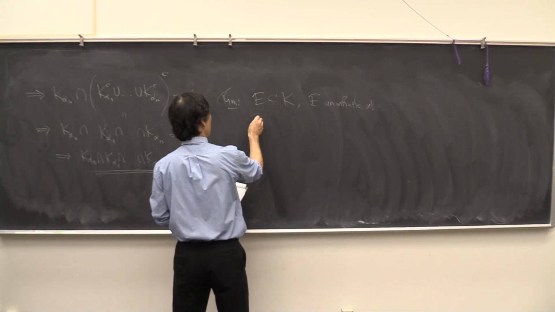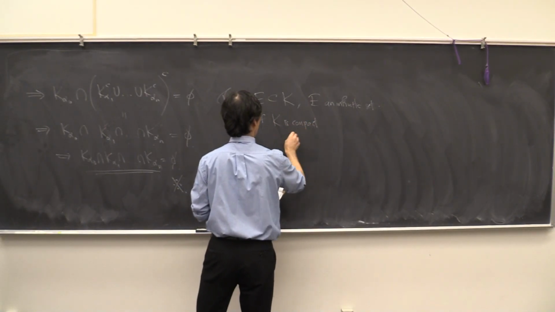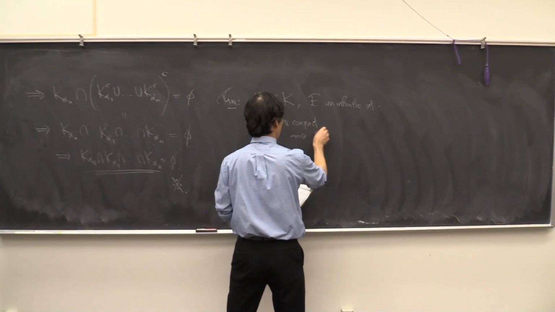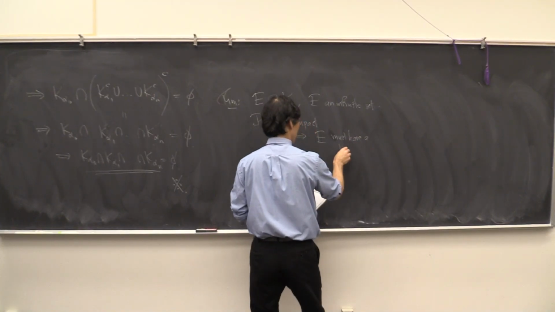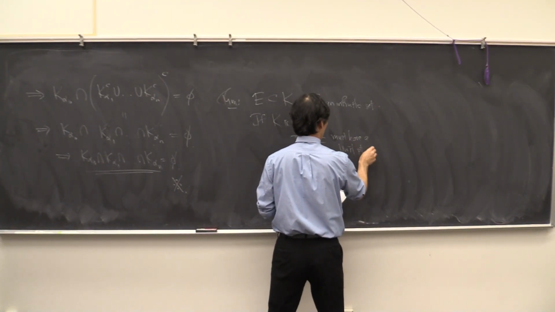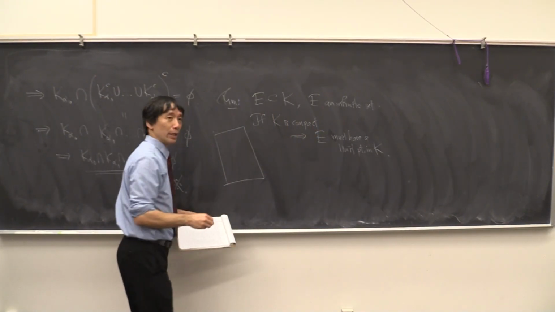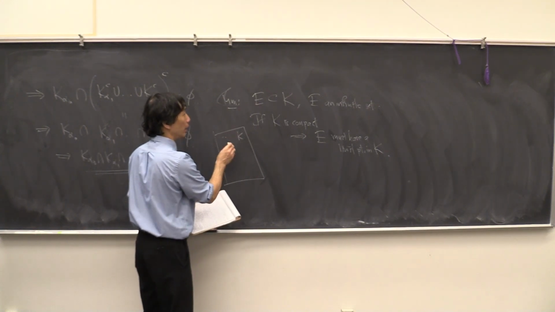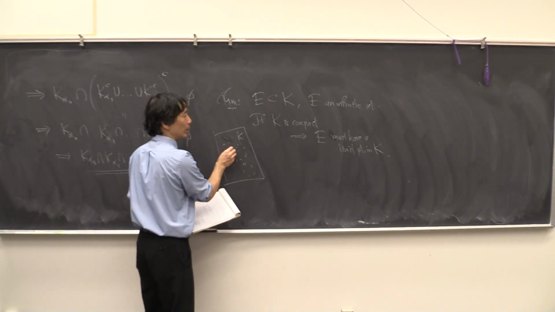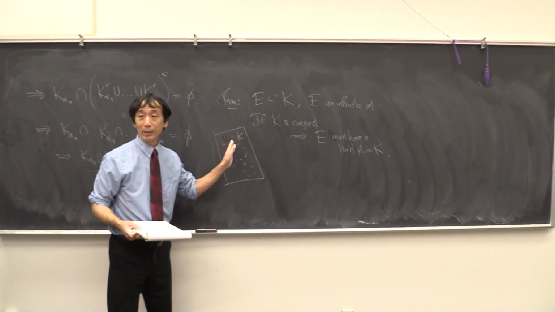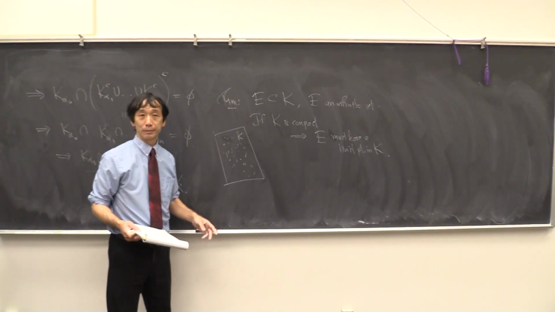Then if K is compact, then E must have a limit point in K. So whenever you have a compact set and you've got an infinite set of points inside of that compact set, then there must be some limit point for those guys.